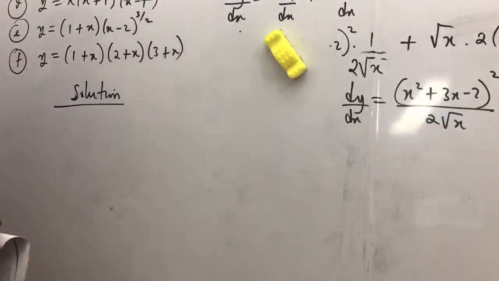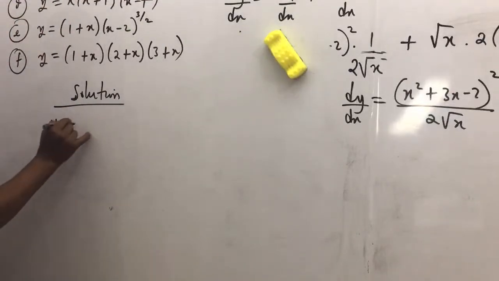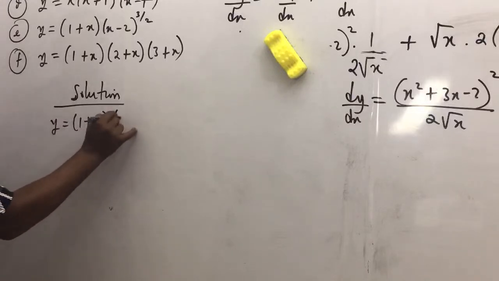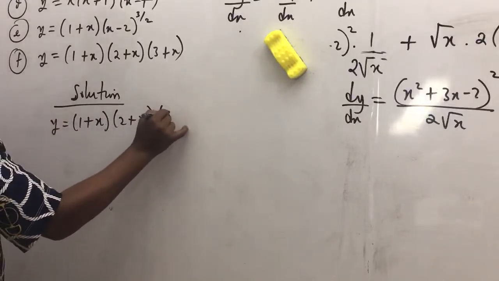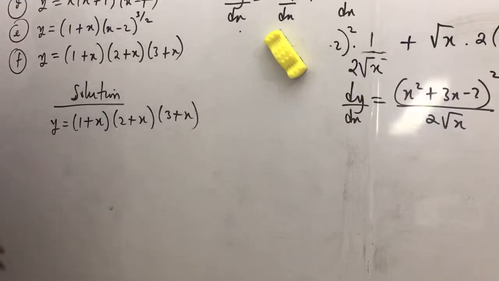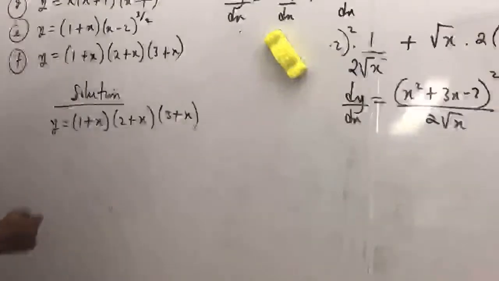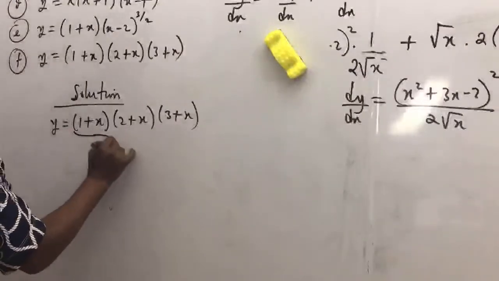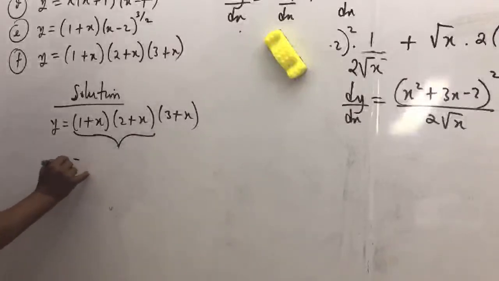So for problem F, we have y equals 1 plus x, 2 plus x, and 3 plus x, a product of three functions. I would advise you can pick any two functions. So I'm going to pick the first two, merge them to give a new, simplified version of the function.